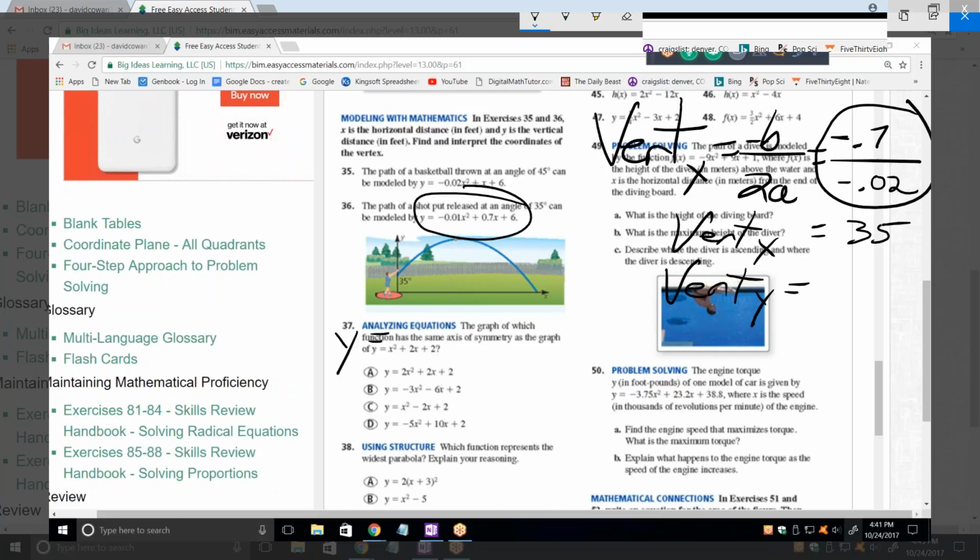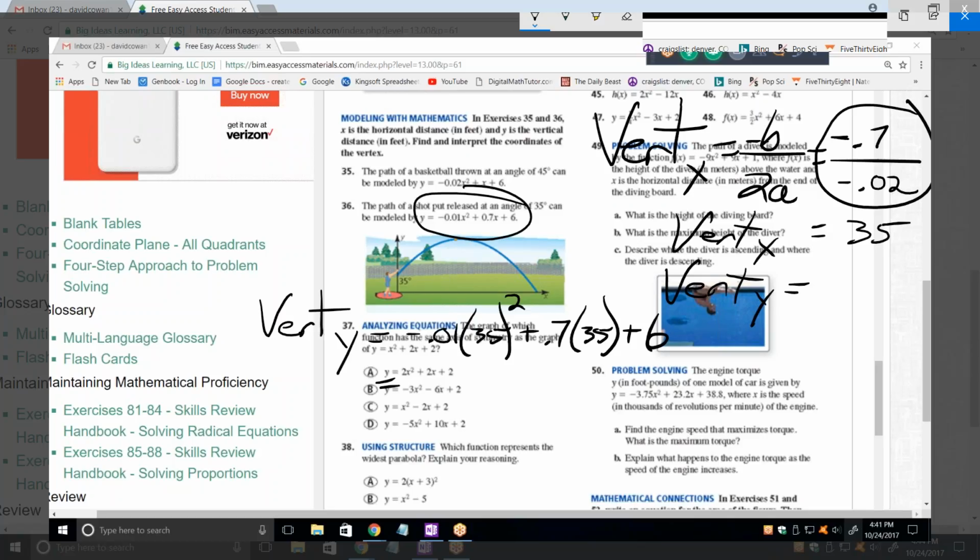So y equals negative 0.01 times 35 squared plus 0.7 times 35 plus 6. You have a calculator in front of you? Yes. Well, this is definitely a calculator problem.